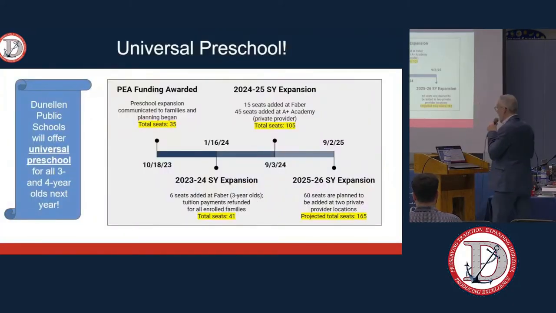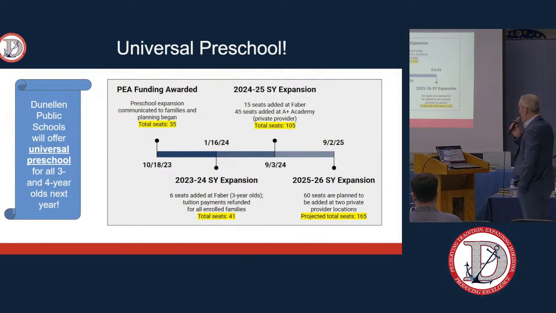The first thing is that as of next year, Denellen Public Schools will be able to offer universal preschool for all 3 and 4-year-olds. This is a monumental achievement. We have seats for over 90% of possible 3 and 4-year-olds in Denellen, and working with 2 private providers next year, we will have a projected total number of seats of 165.